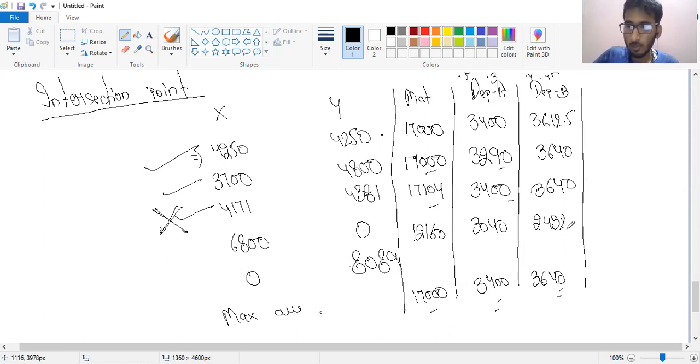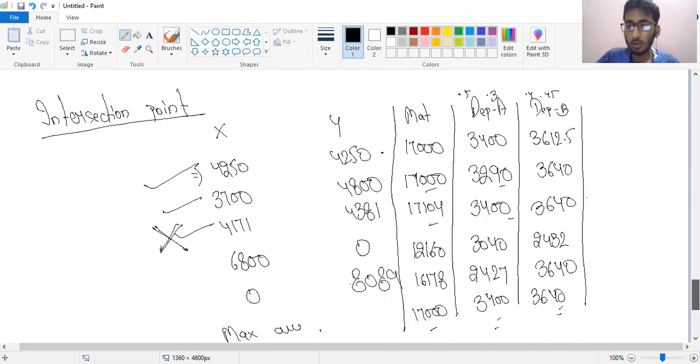So everything is within the limit. 16178, 2427, 3640.